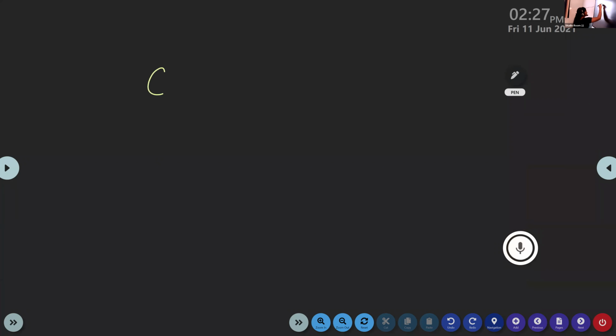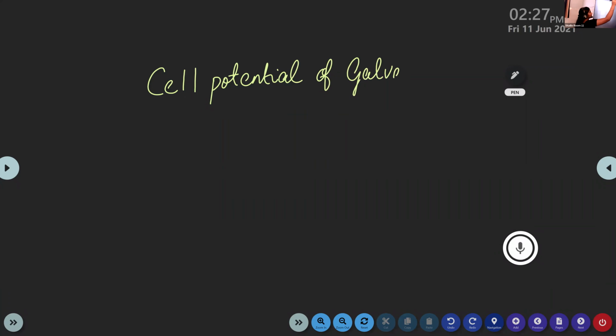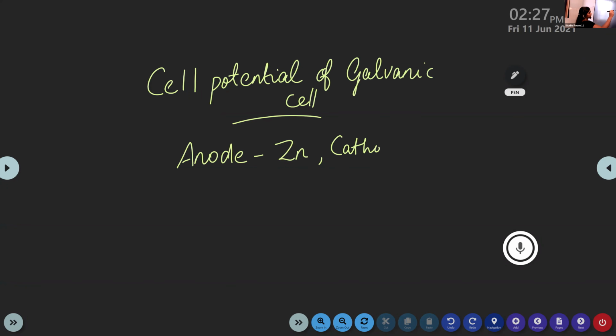Then you can write the cell potential of the galvanic cell. Which one is the anode there? Zinc. And the cathode is copper.